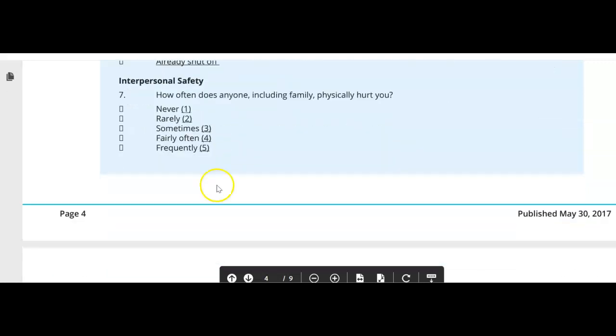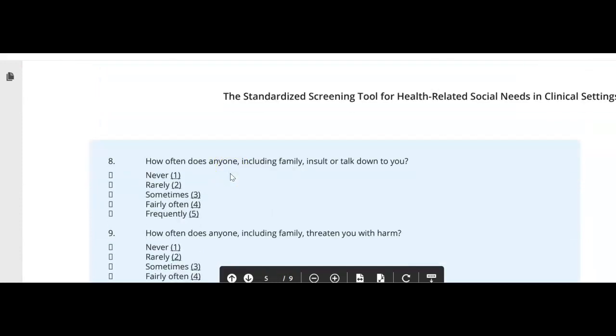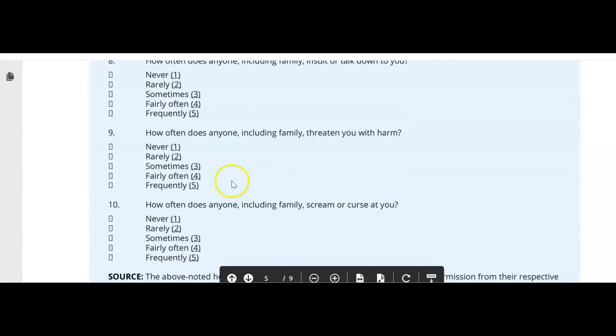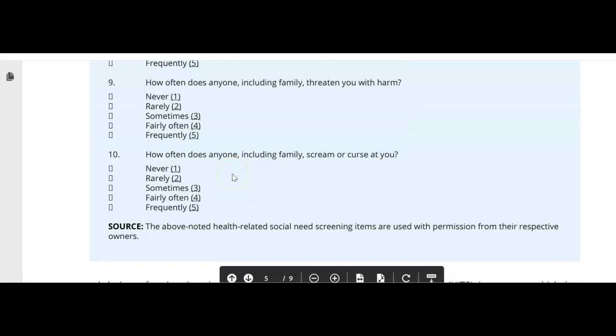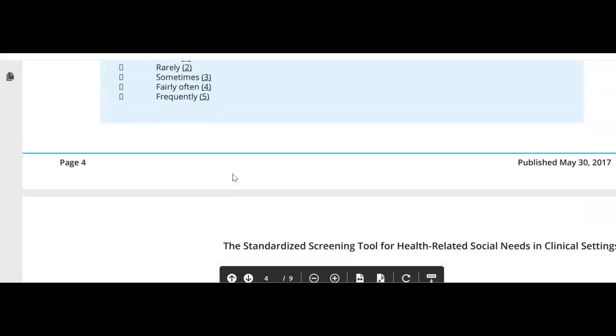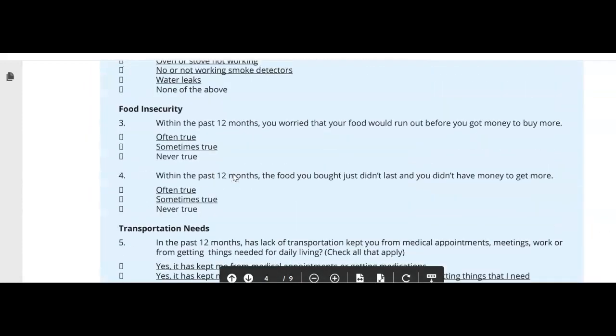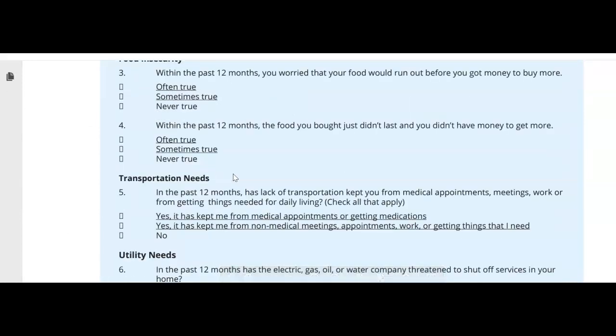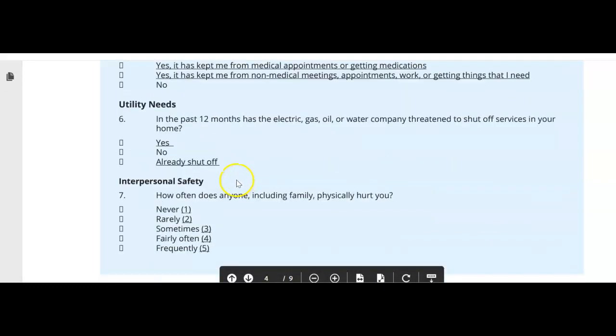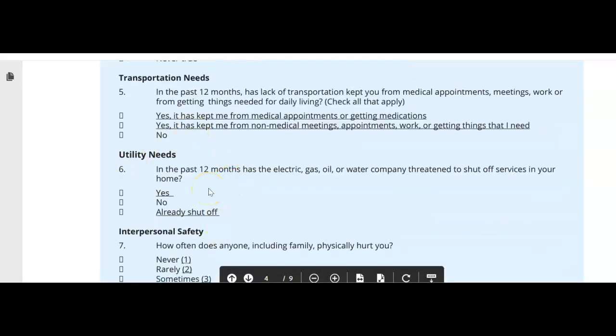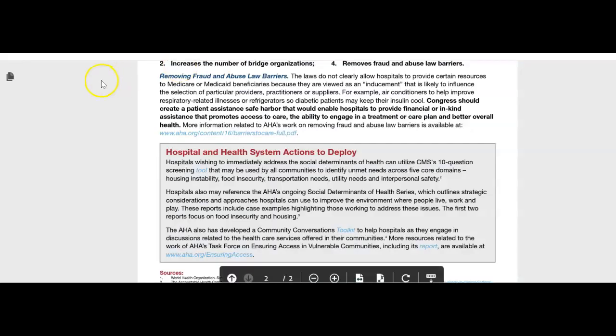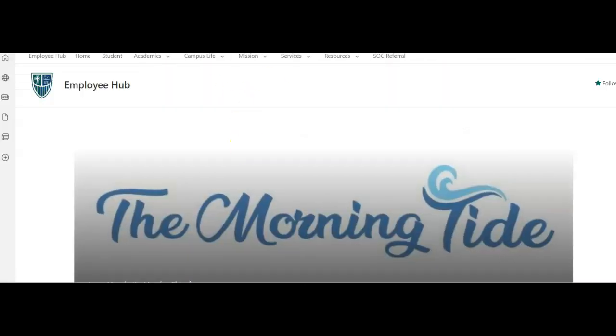So as far as physical harm, verbal abuse, threatening, those kind of things. But I wanted to show you how at least the first three were exactly the recommendations of the Joint Commission. And I'm sure utility needs and interpersonal safety, they would agree that that is important as well.